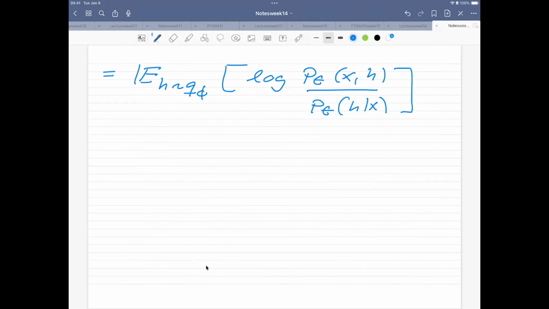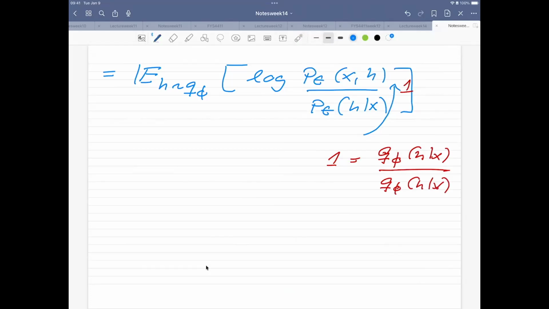Then I can now repeat the trick again because I want to rewrite this in terms of the Kullback-Leibler divergence, because when I choose a specific model for some of these probabilities, that will actually simplify the calculations. So what I'm going to introduce again is magic number 1. And 1 in this case is given by Q of phi of h given x divided by Q of phi of h given x. Okay.